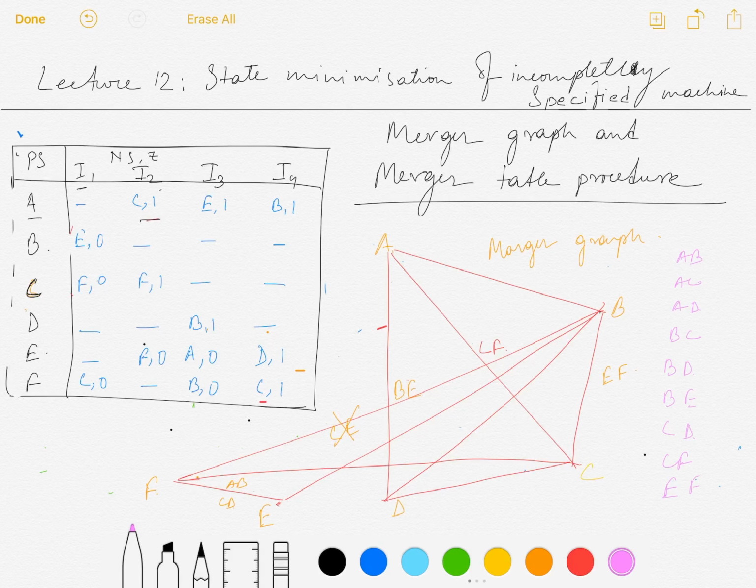So, 1, 2, 3, 4, 5, 6, 7, 8, 9. So, 9 pairs we got out of these 6 states.